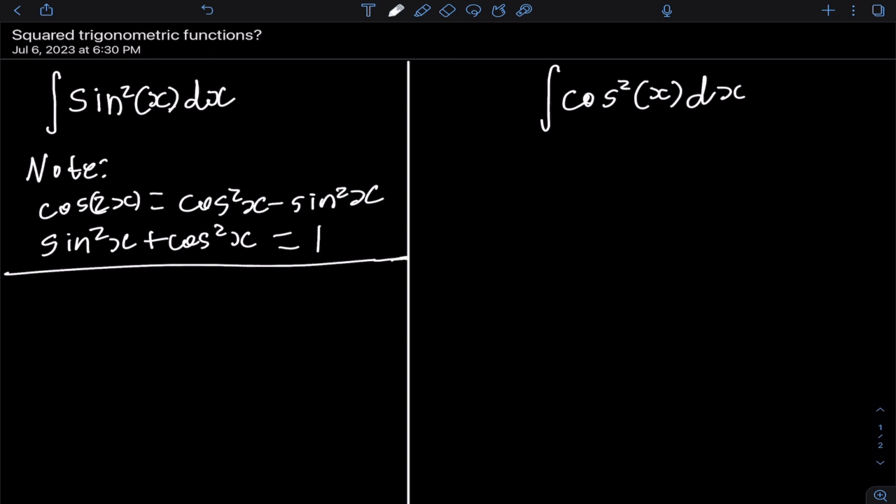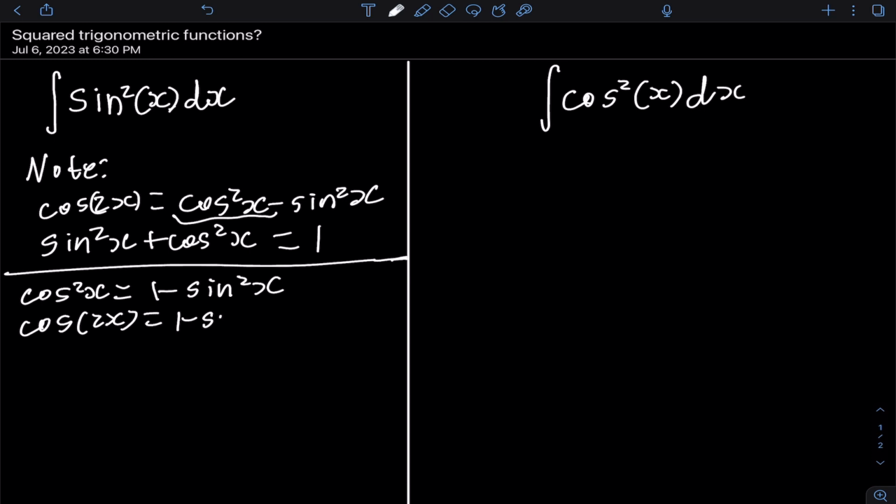We can rearrange for cosine squared x: if we subtract sine squared x on both sides, cosine squared x is equal to 1 minus sine squared x. So if we replace our cosine squared x with exactly that, cosine of 2x can also be written as 1 minus sine squared x, and then minus sine squared x.